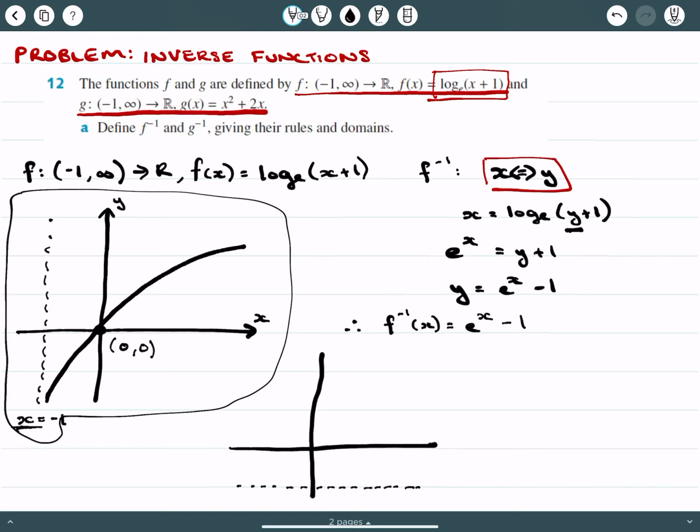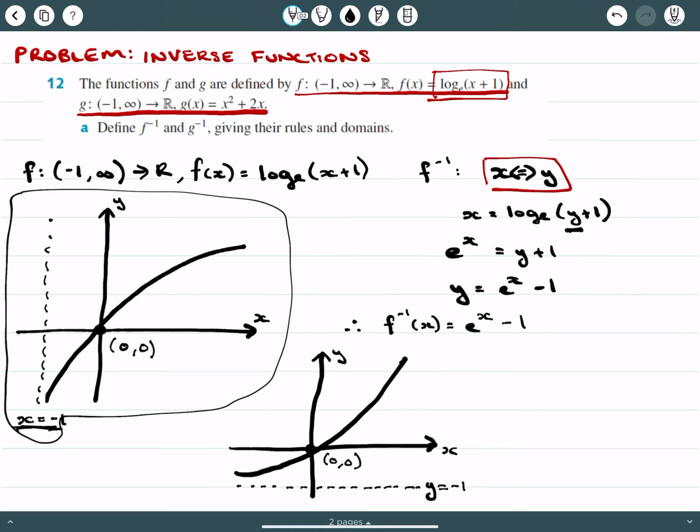For example, I've got an asymptote of x = -1, so that translates to an asymptote of y = -1. I have an intercept of (0, 0), which is not going to change, but there is a swap of x and y values. Then I can sketch my graph, and it should look something like that.